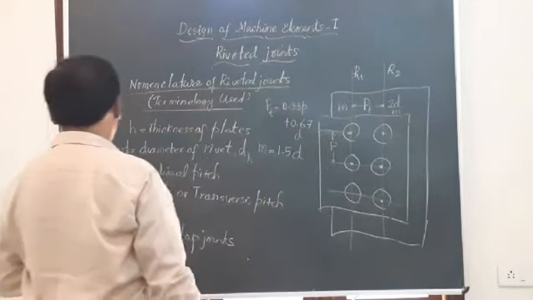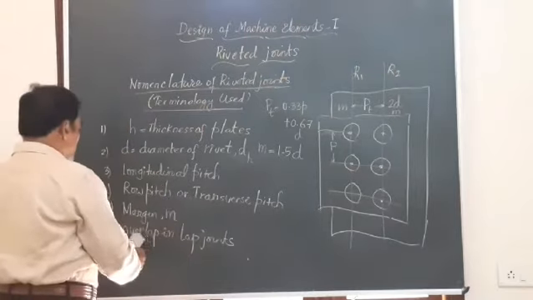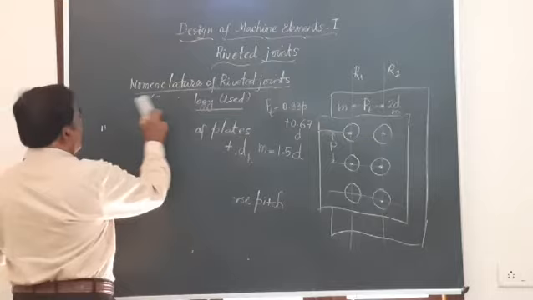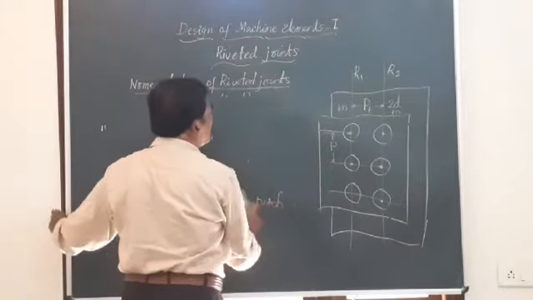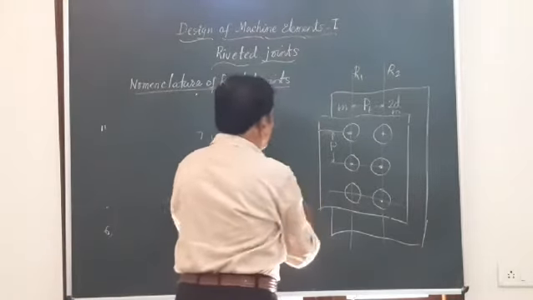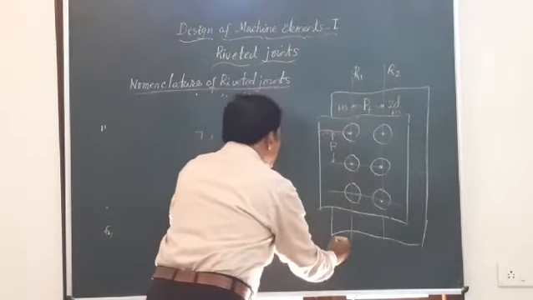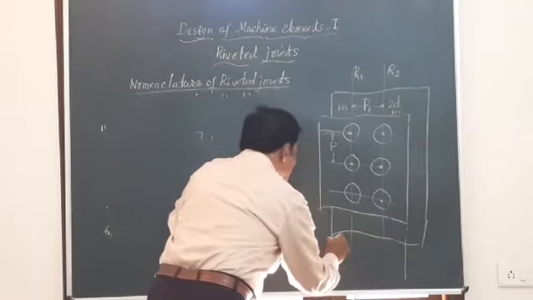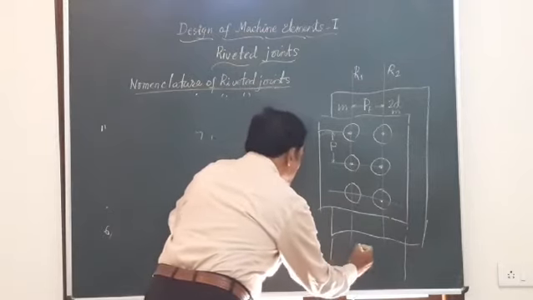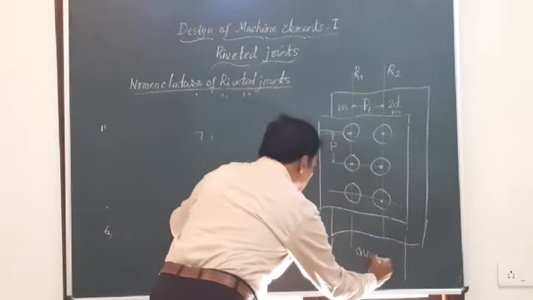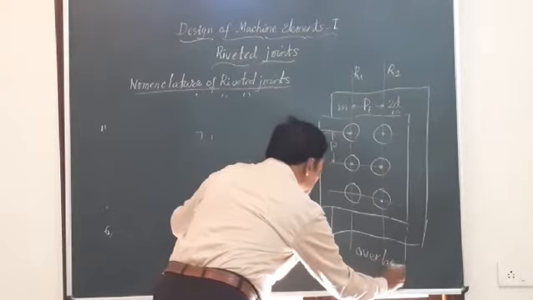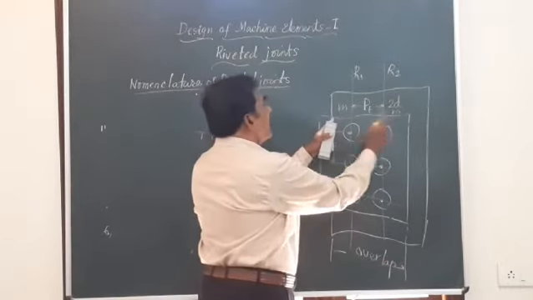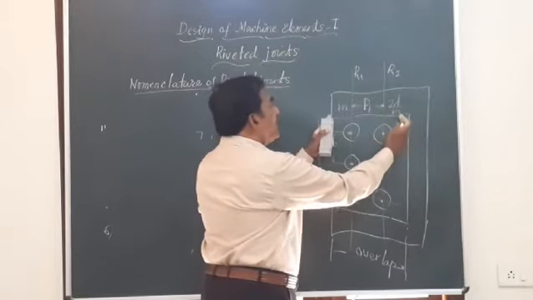Friends, coming to the overlap in the lap joints. What is that overlap? If you just take a lap joint like this, so this is one plate, this is the other plate, so this is the overlap. Overlap means to what extent, what is the width of one plate over the other.